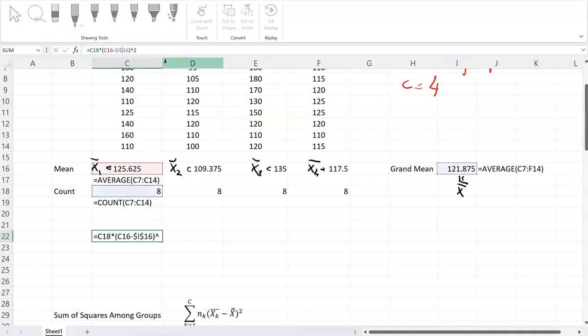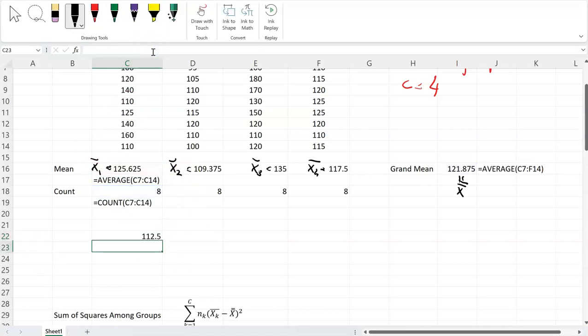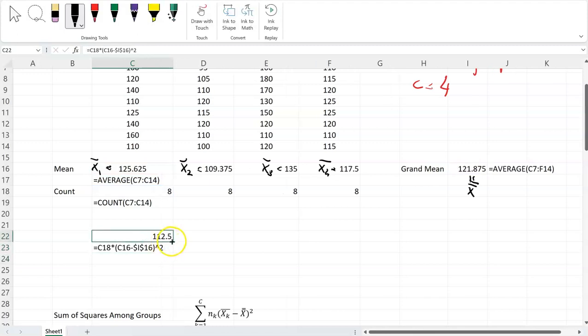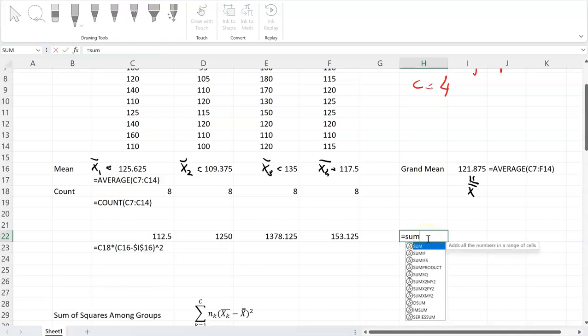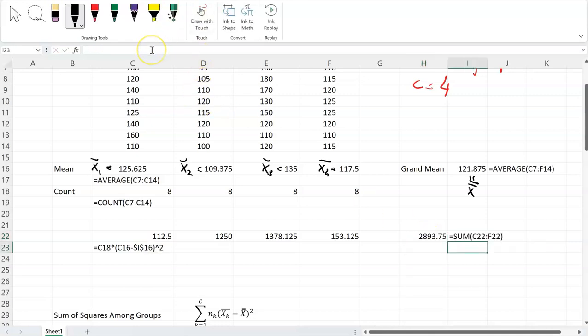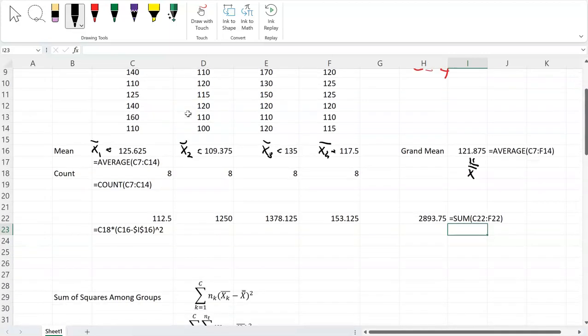And just to make it easier so that I can copy it, I put $ signs around the grand mean because I don't want that number to move around. And then I'll just copy this all the way across. And then finally, I'll sum. This number is what we would call sum of squares amongst groups, or this number is written as SSA.